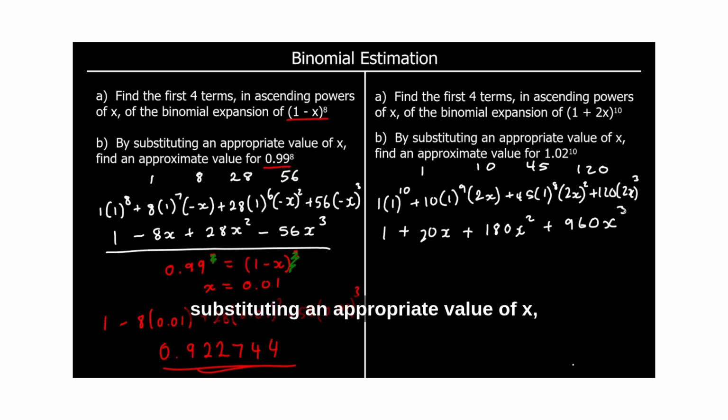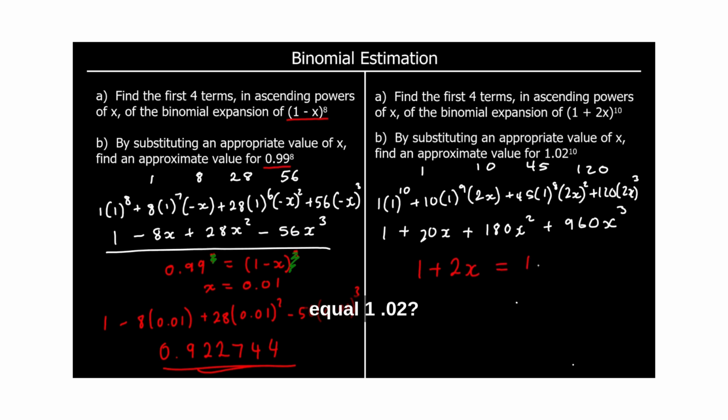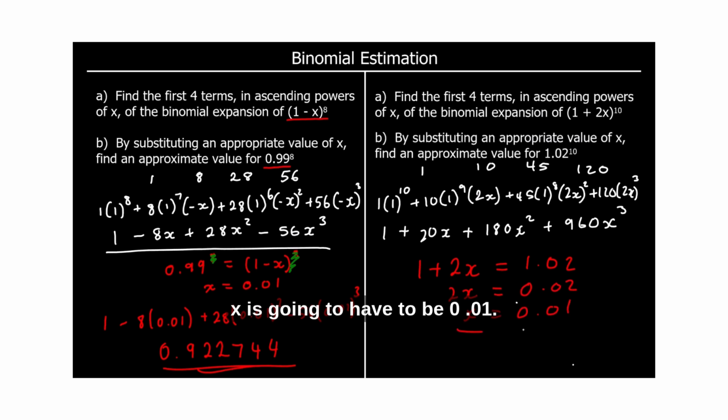By substituting in an appropriate value of x, find an approximate value for 1.02 to the power of 10. So how can 1 plus 2x equal 1.02? Take away 1 from both sides, halve both sides. x is going to have to be 0.01.